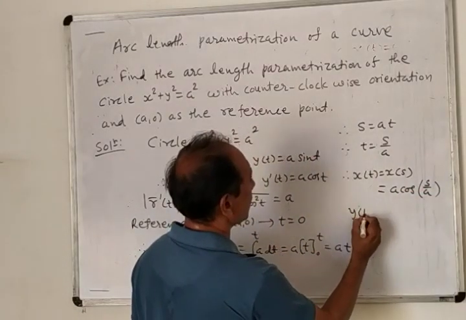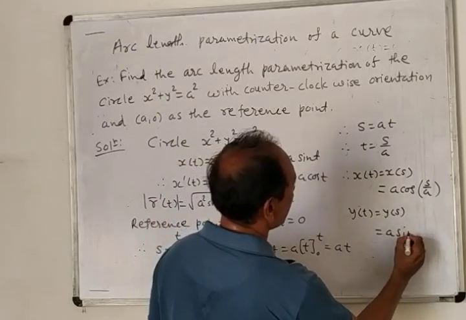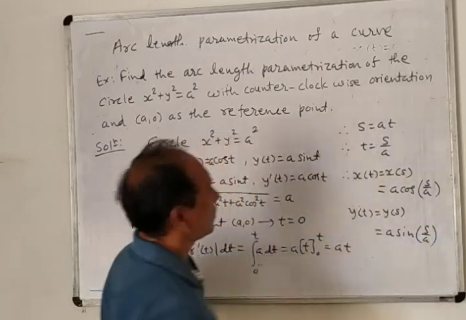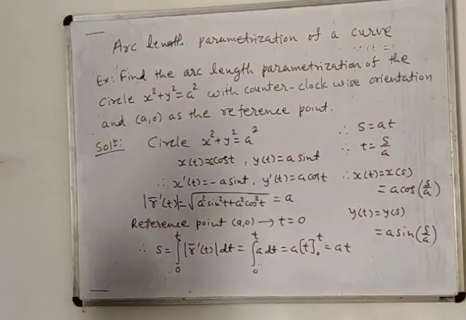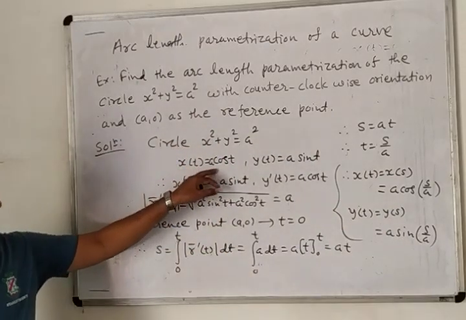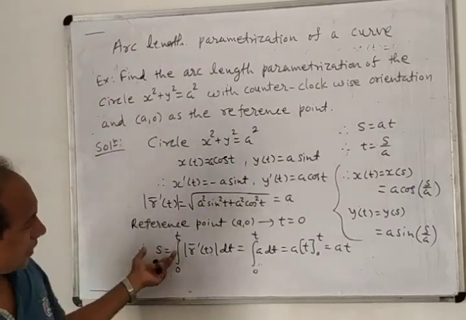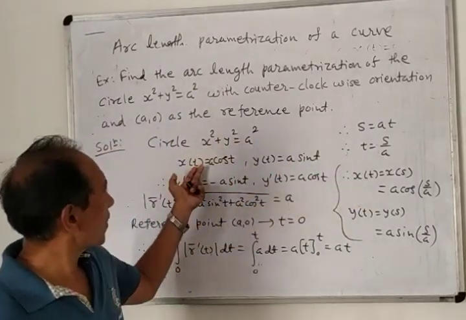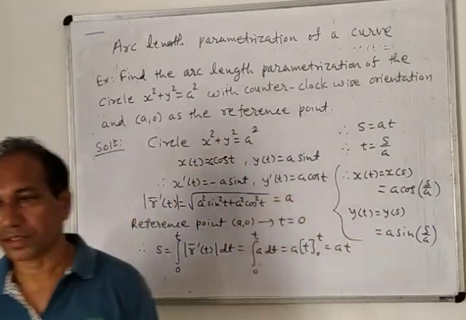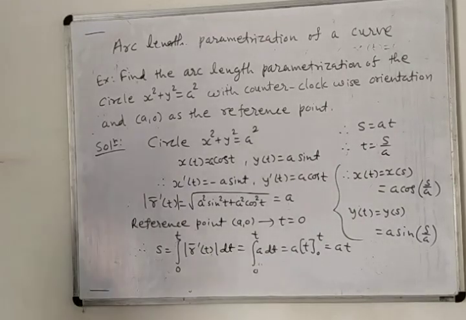And y(t) equal to y(s), now it will become a function of s, so a into sin of s upon a. So this is the answer. Because we started with the equation of the curve in terms of t, and finally by obtaining the length s, we have obtained the same curve in terms of s. So this is the basic concept of arc length parameterization of the curve. All of you note this down.